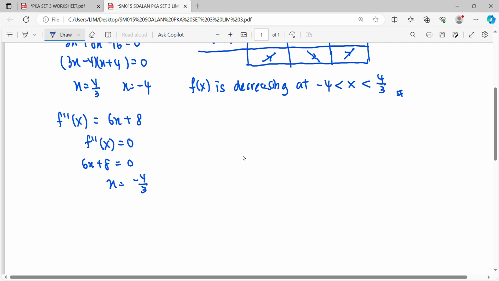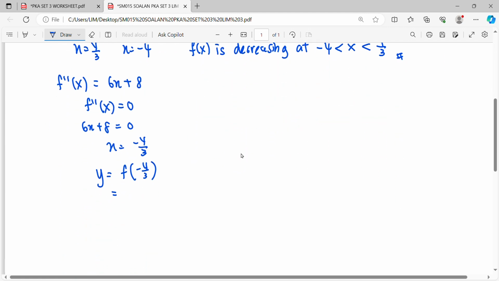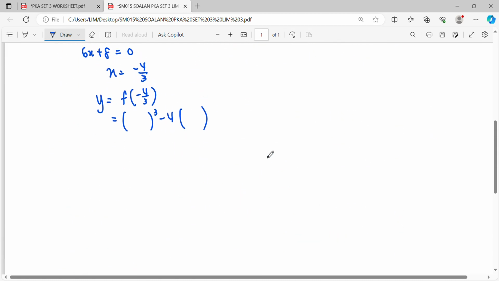So what's your y coordinate? We substitute -4/3 into the function. Can you calculate your y coordinate here?